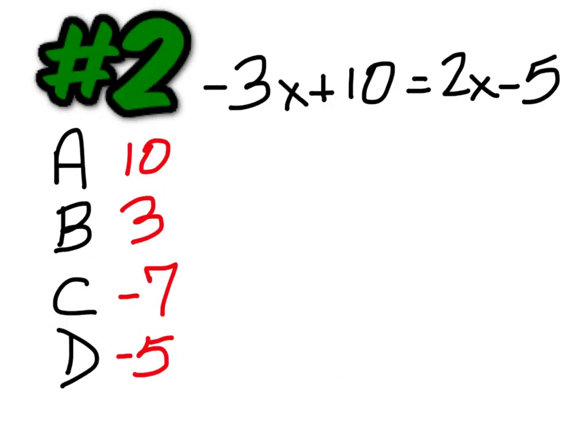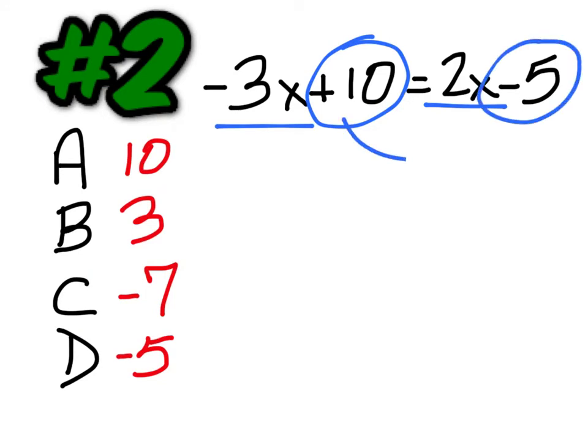What would be the answer to this problem? Negative 3x minus 2x. It's a negative 5x. Move that 10 over. It would be negative 5 minus 10. So that's a negative 15. Negative 5 times what is negative 15? 3.